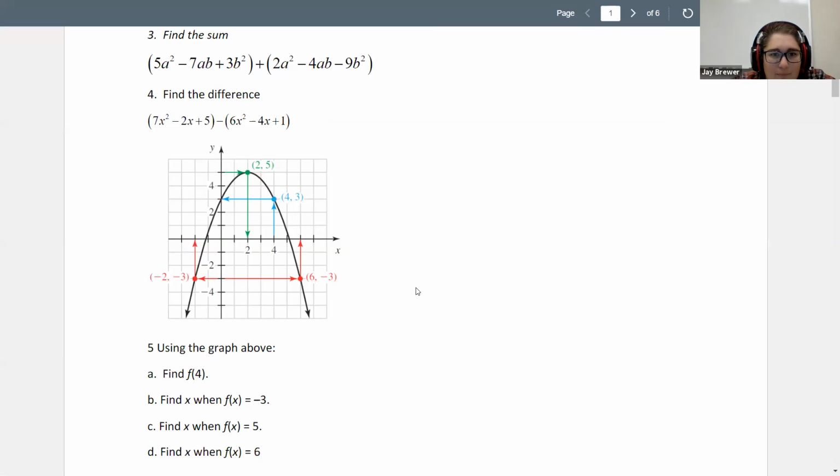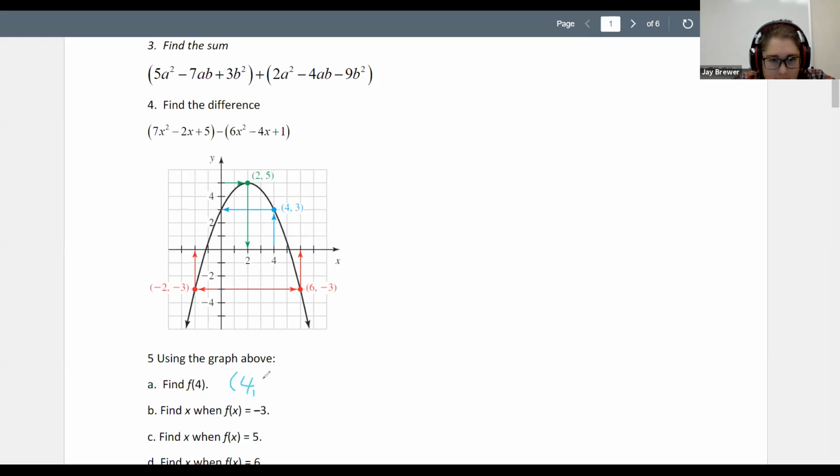So yeah, if we're looking where x is equal to 4, you can see, you pop right up. So what's our point there? 4, 3. So yep. From 4, 3, your y is just going to equal 3.